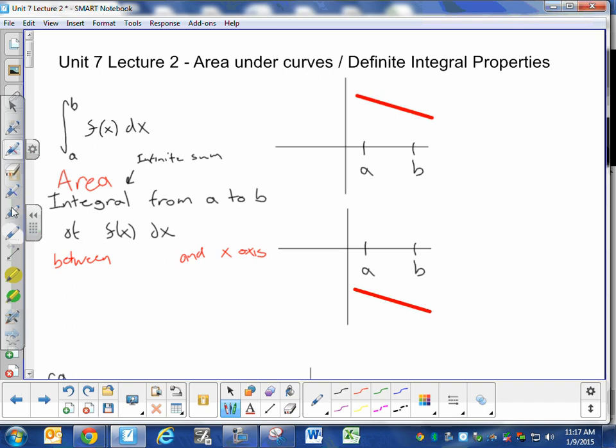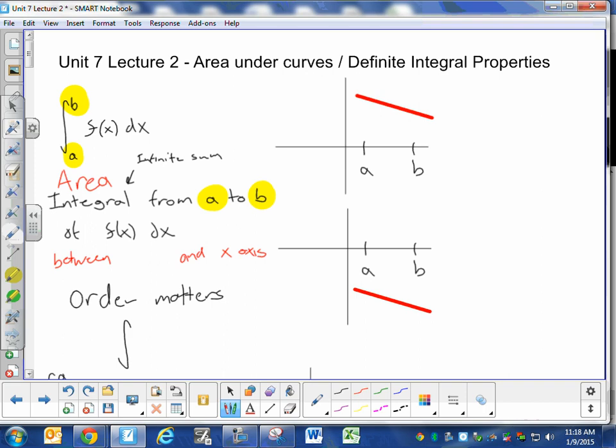Now, what's really important is that this A to B, this order matters. We haven't really discussed that until today. You've been used to having the smaller number down here and the bigger number up here for a reason, but if we flip-flop them, it would change things. Order matters.